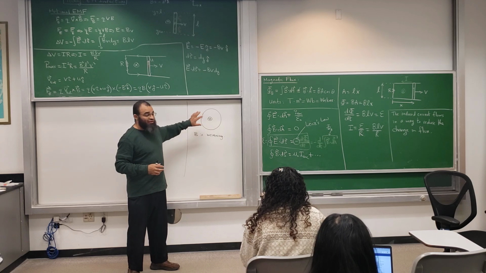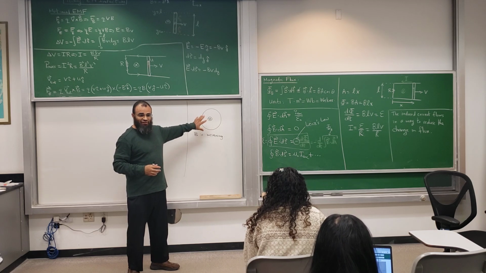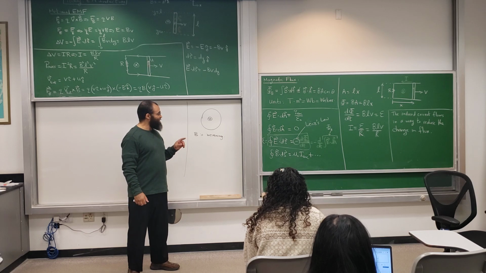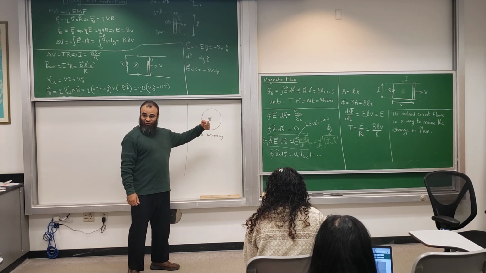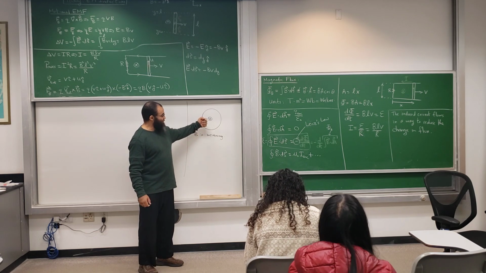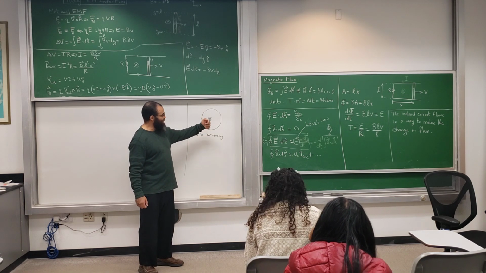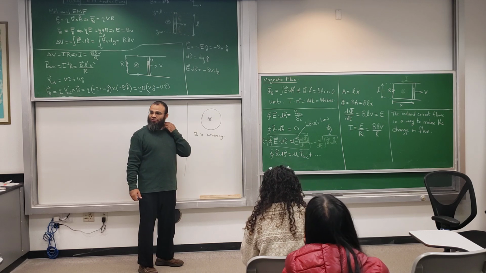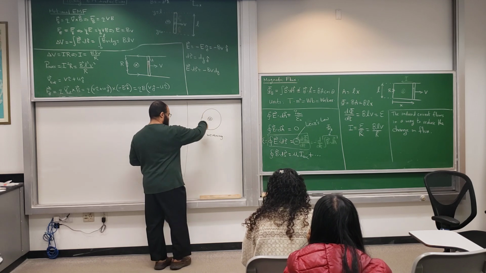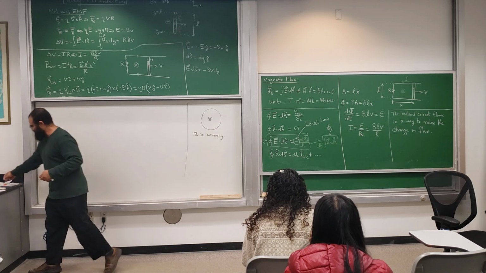In, and it's getting larger, right? So we need to oppose it. So we need to create some magnetic field in what direction? Towards you, right? So the magnetic field that we need to induce would be this way. So the current should go in what direction? Counterclockwise. Yes.